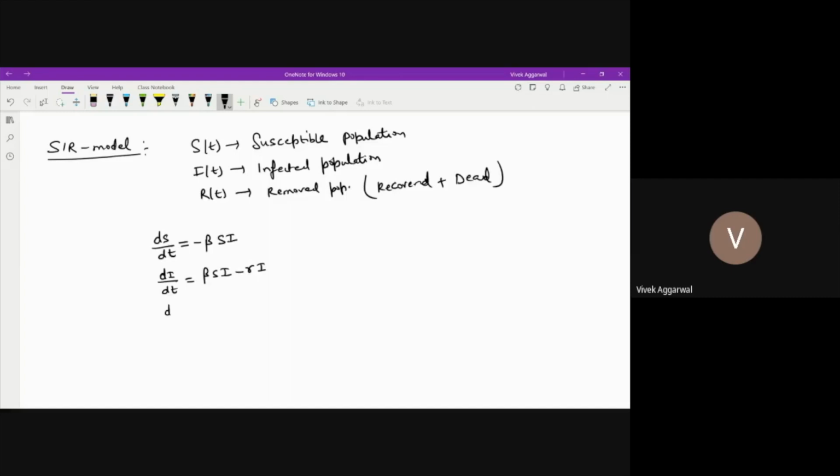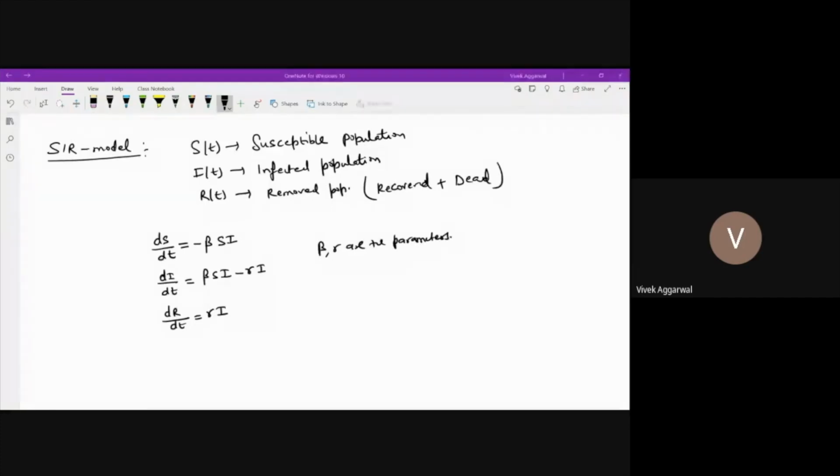And then dR/dt is gamma I. So beta and gamma are the parameters, and we have to give these parameters to solve it.